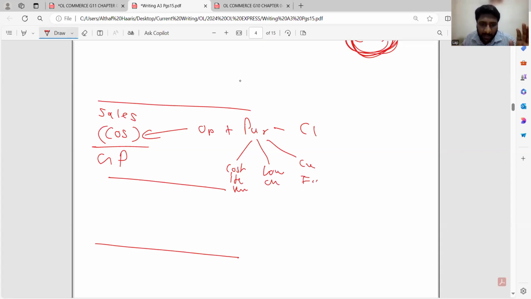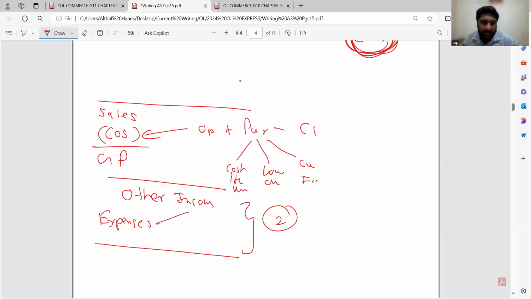How many main items come in the second part, tell me, children? There are 5 main items in the second part. What are the main items in the second part? Other income, and expenses, 4 types. What are the 4 types?